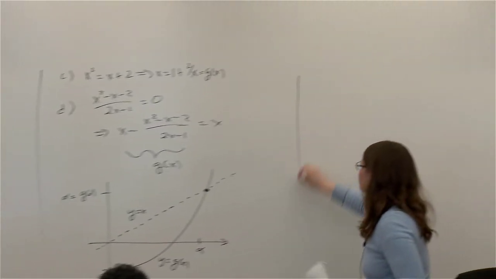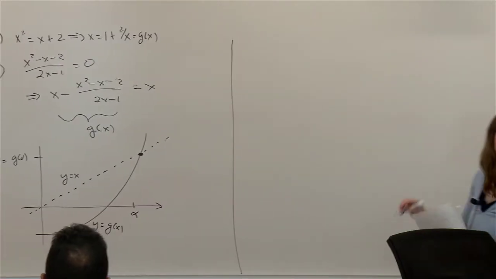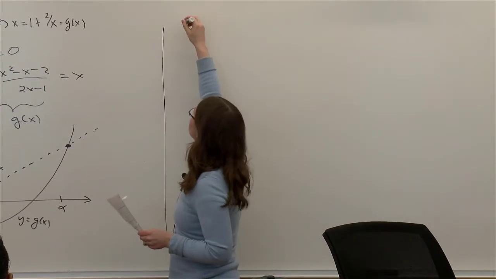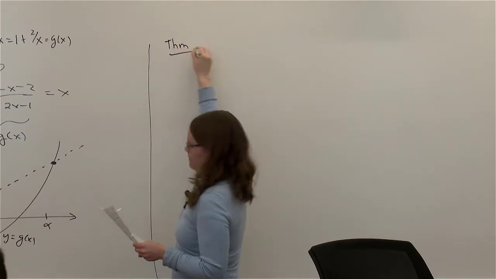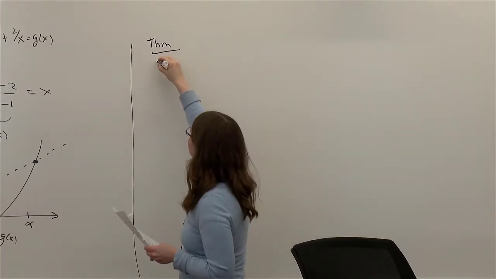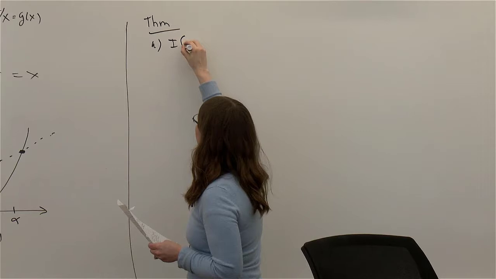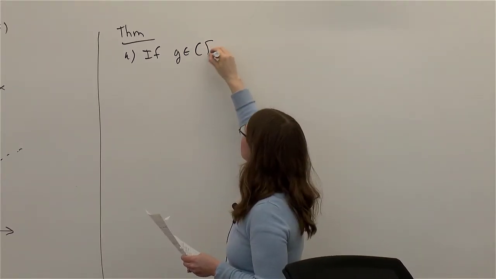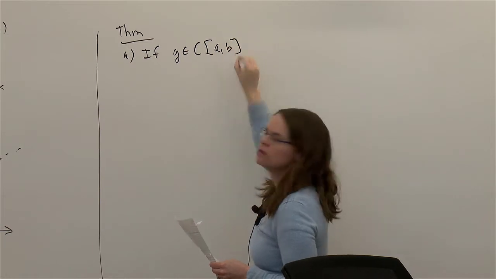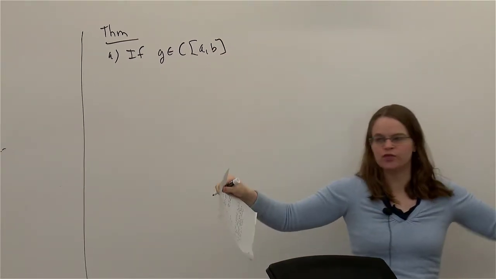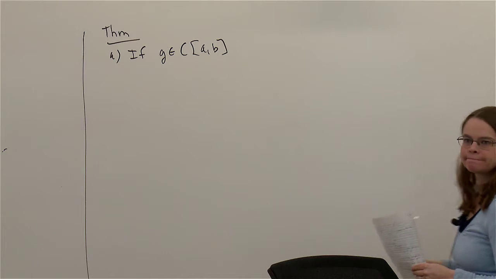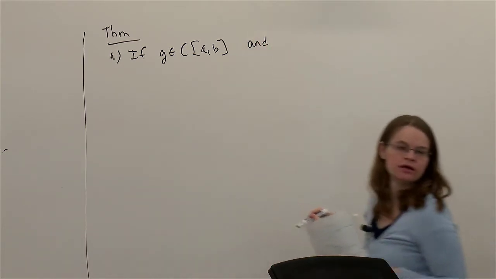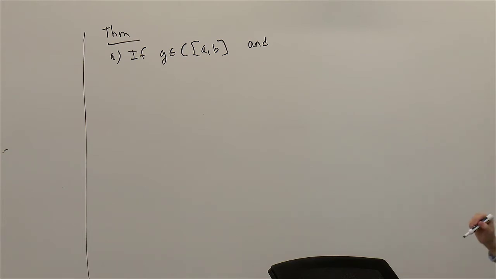Okay, so here is our existence and uniqueness result. Again, I'm going to write down the result first, and then we'll draw some pictures and actually prove it. So here's the theorem, 2 parts. Okay, so let's start with a g that's at least continuous. So it's a continuous function on some interval from a to b. And the values of g don't get too out of control here.